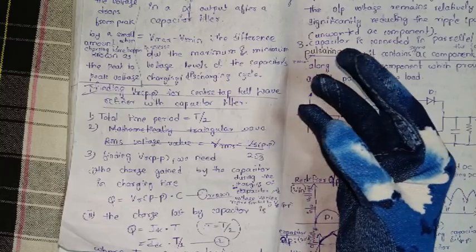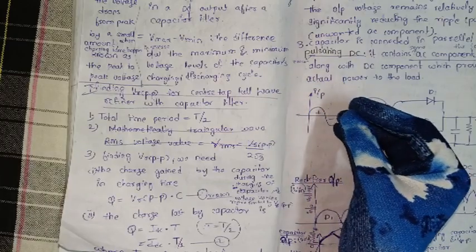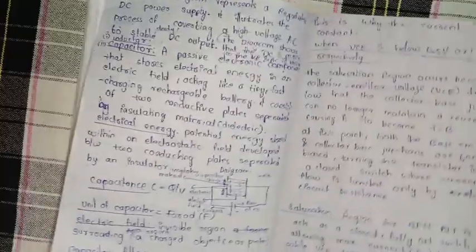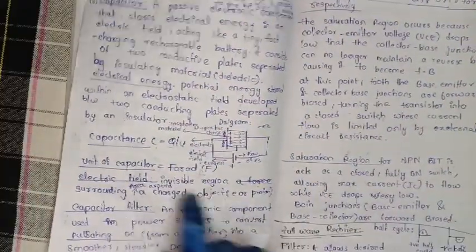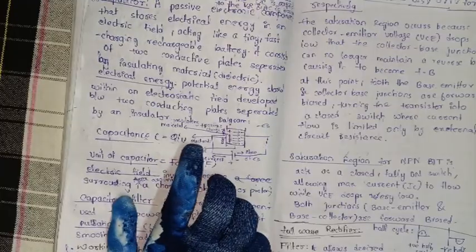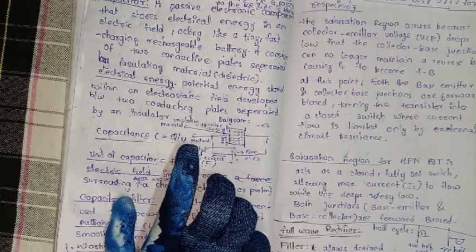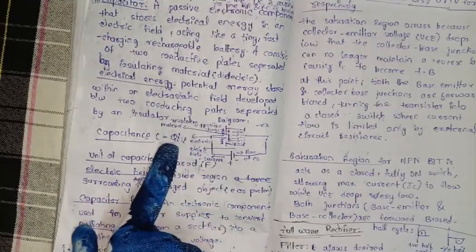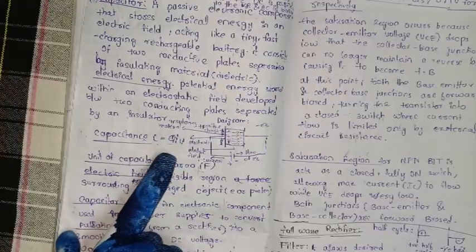We know the capacitance relationship C equals Q by V, where Q is the charge and V is the voltage. If we rearrange this equation, we get Q equals CV.